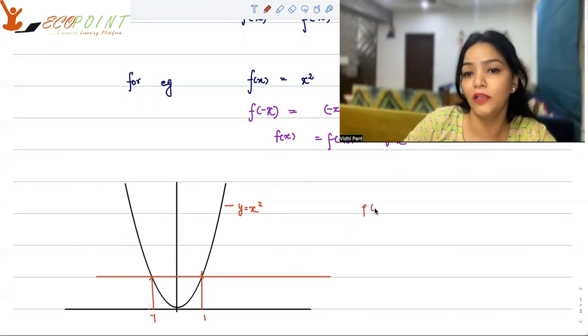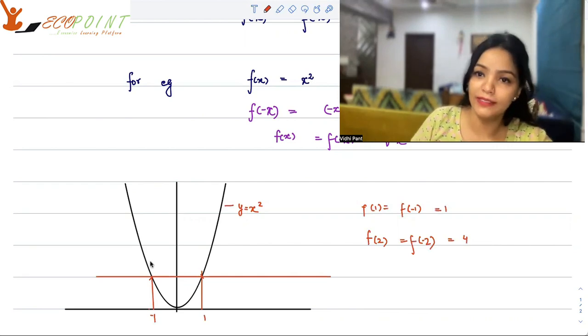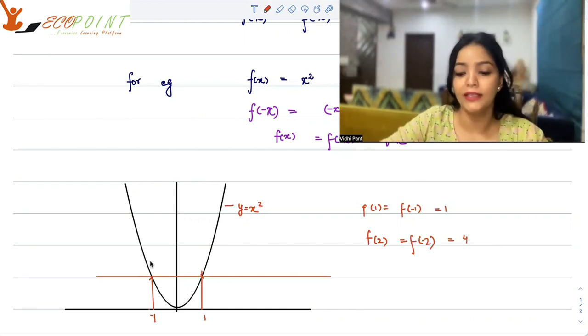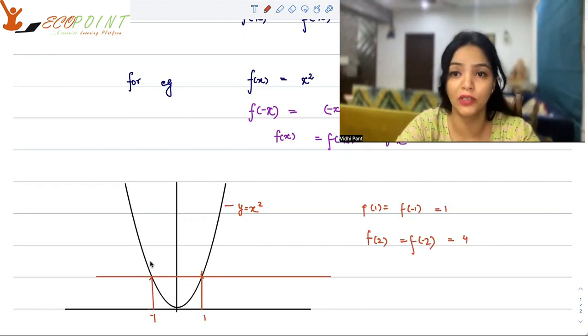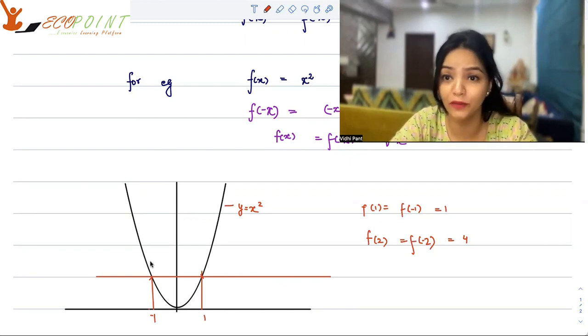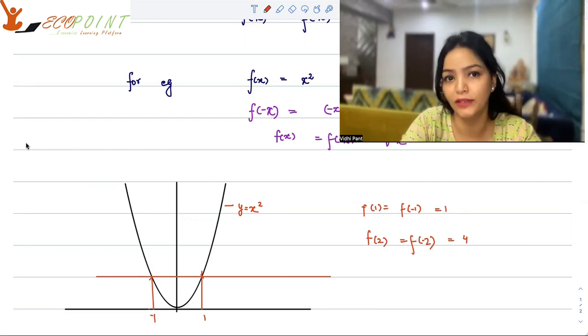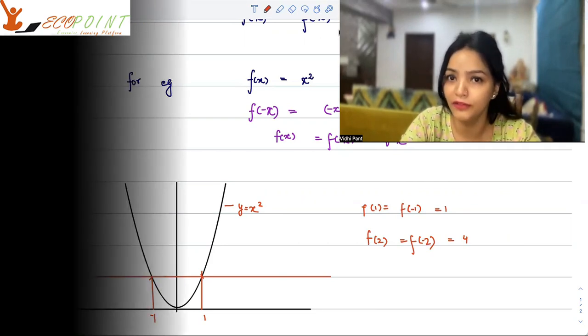So f(1) is equal to f(-1) because it's going to be just equal to 1. f(2) is equal to f(-2), and that's going to be 4. Similarly for other x's as well. This is what an even function is. If you replace the input by minus of that, you get the same functional value, and then you call that function an even function.